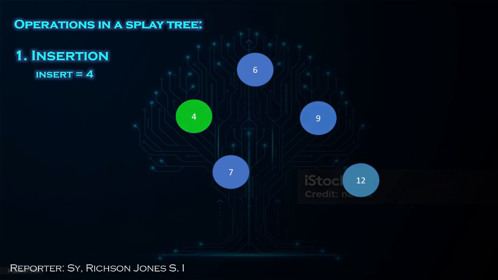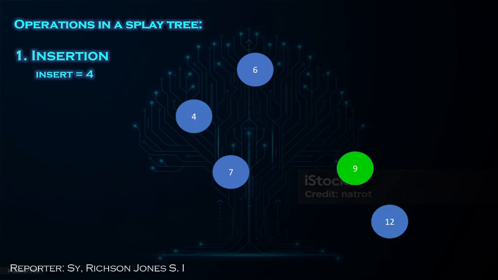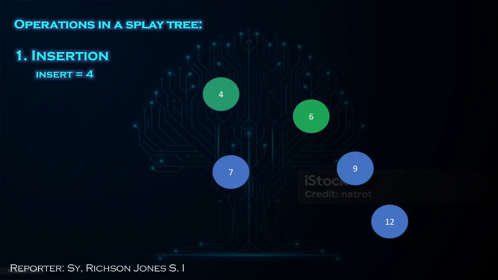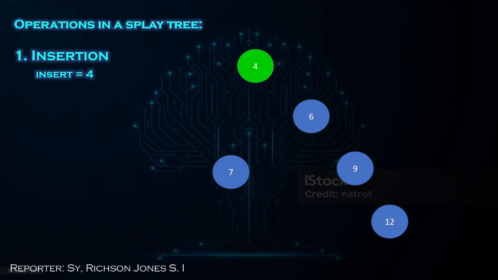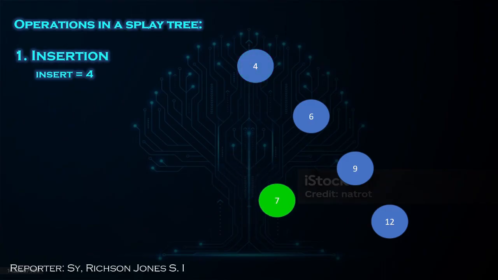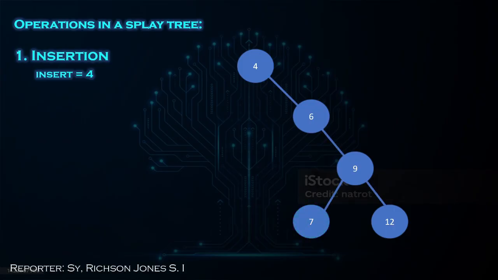And then still node 12, node 9, node 6, and node 4. Since node 4 is the new root, what about the node 7 that was left behind? So 7 will go to the bottom left of 9. That's how insertion works.